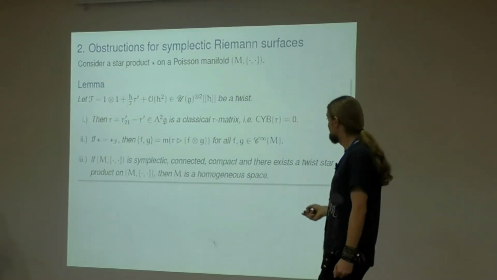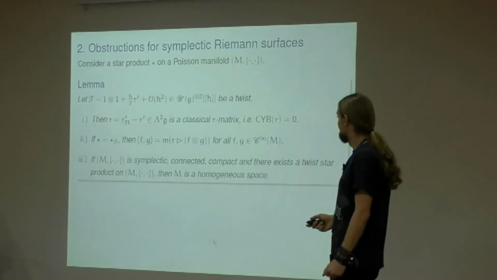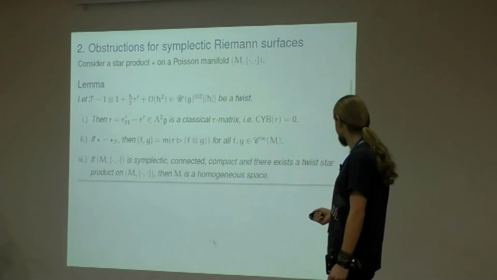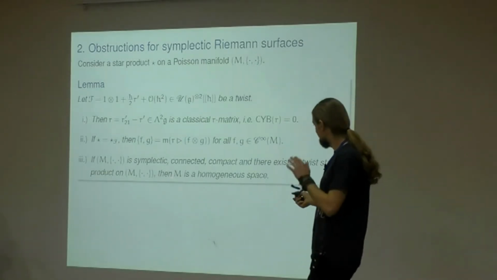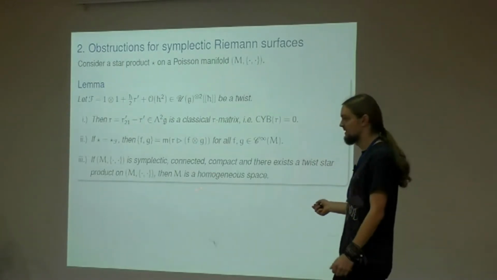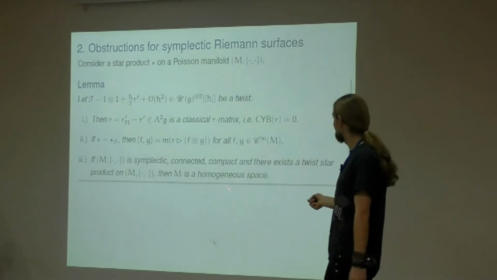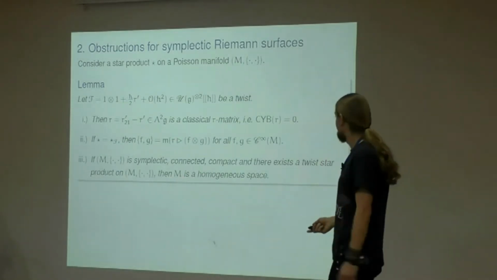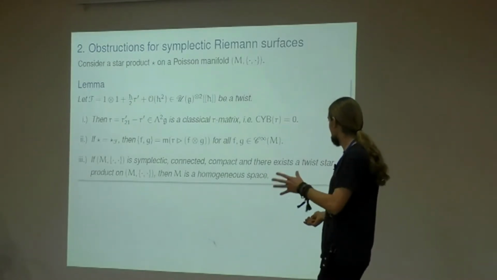And using this, what we proved is that if you have a symplectic compact connected manifold with a twist star product on it, then there's a transitive action on this manifold, so that it is a homogeneous space. And so this is the first step.